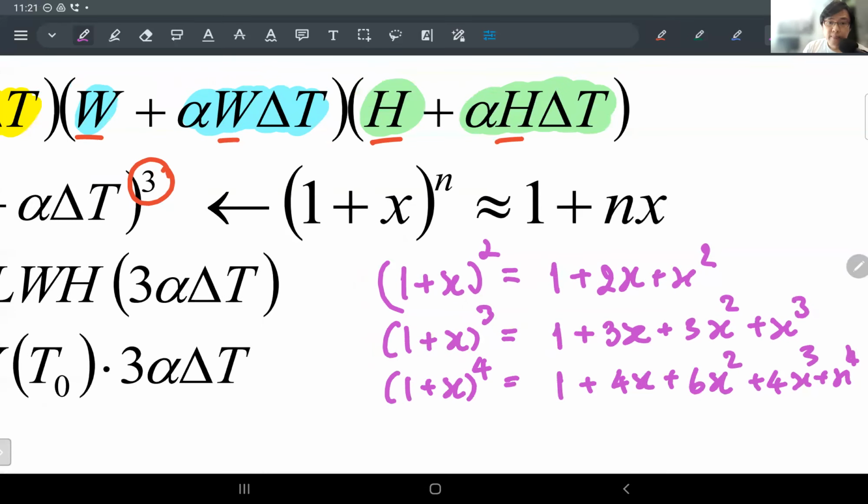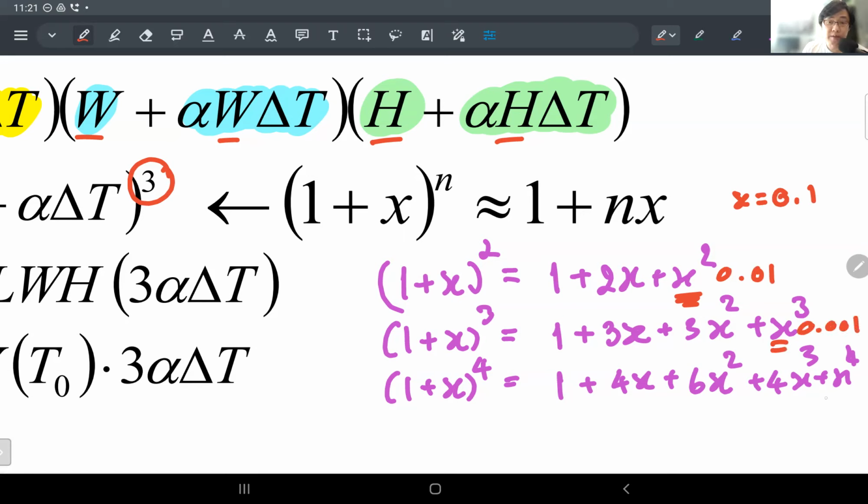These three expressions over here, as long as x is small, let's say x is not that big, let's say x is 0.1, for example. Then that x squared term will push the numbers back to the second digit. You guys with me? And the third power term over here will push the numbers to the third digit, and on and on.